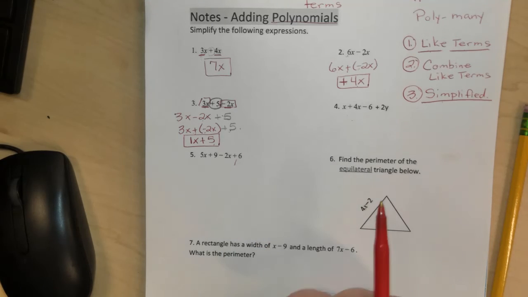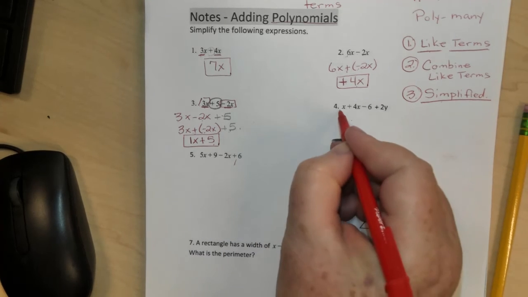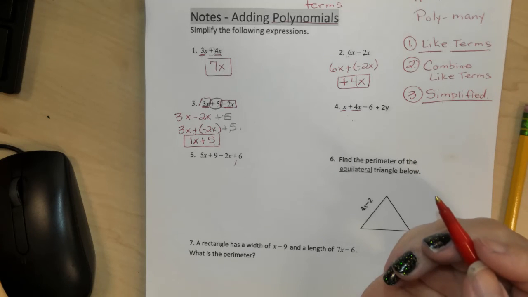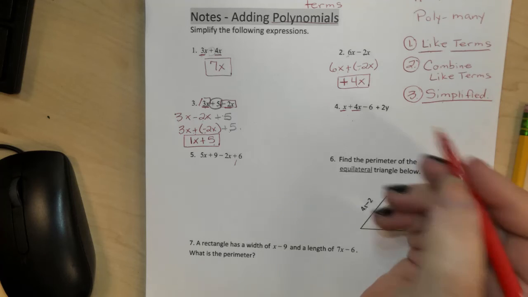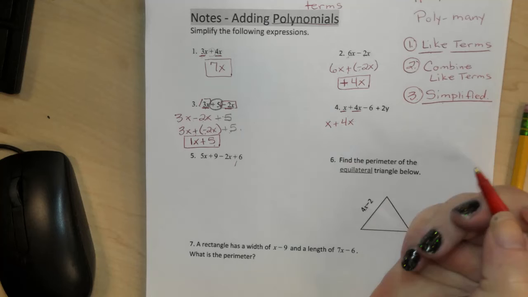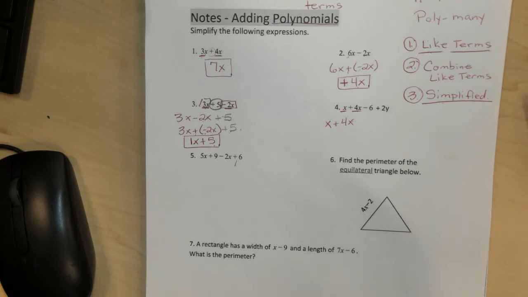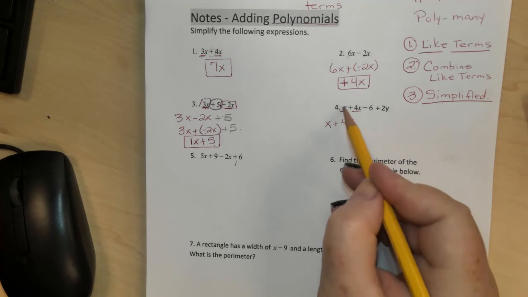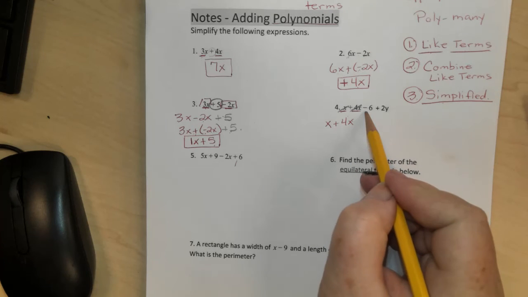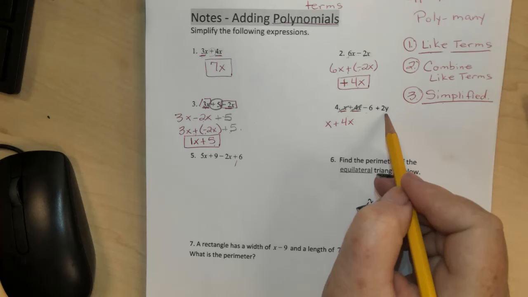So let's look at this one. We have an x, we have a 4x. I'm pretty confident that those are like terms. Let's put them together. Now, I actually will sometimes cross them out once I've dealt with them, so I'm not confused. I have a negative 6 here and a 2y.